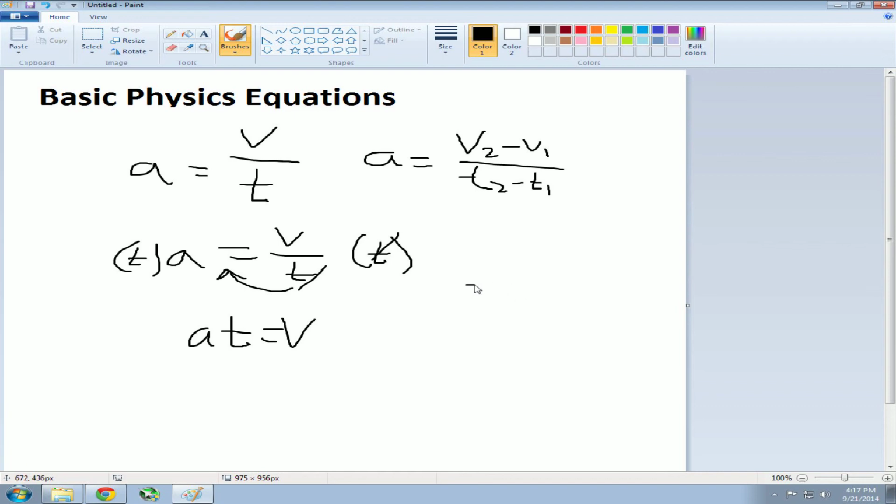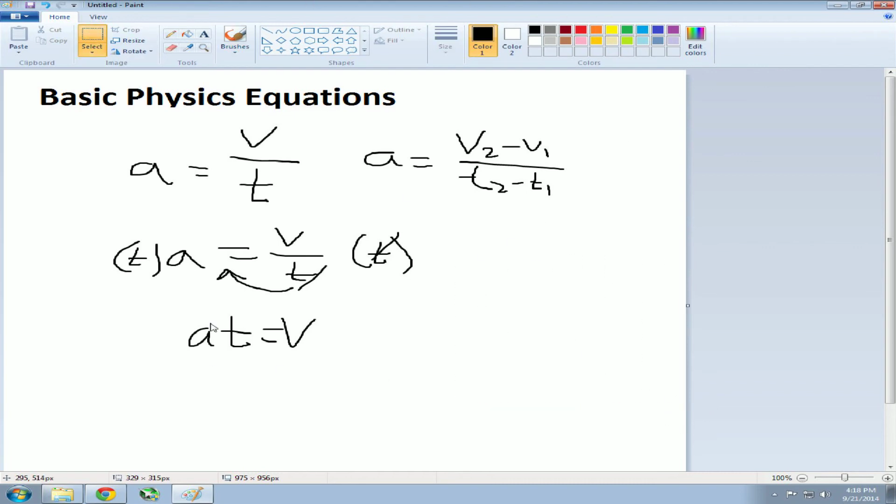So if a car is accelerating at 3 miles per hour in 1 hour, that means that the speed was 3 miles per hour. If it had a 3 miles per hour acceleration over 1 hour, it was actually moving 3 miles per hour.